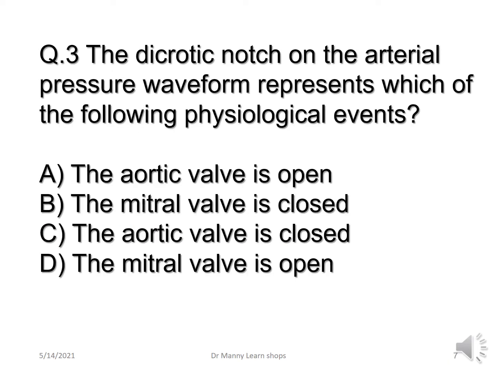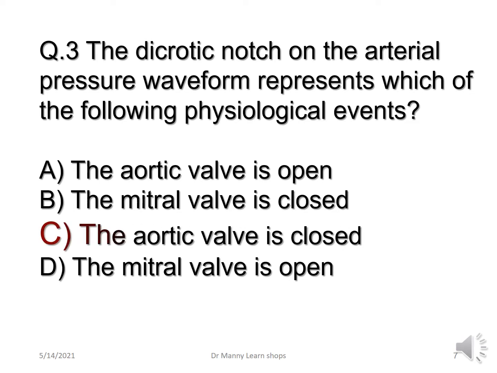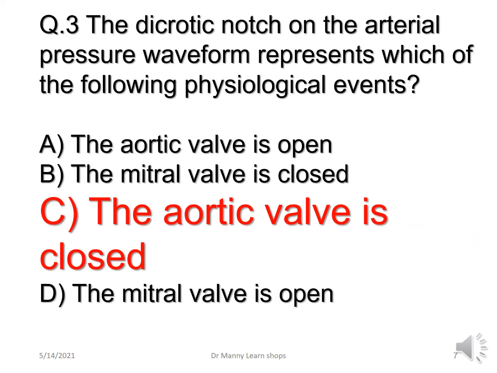The dicrotic notch on the arterial pressure waveform represents which of the following physiological events? The aortic valve is open, the mitral valve is closed, the aortic valve is closed, or the mitral valve is open? The correct answer is the aortic valve is closed.